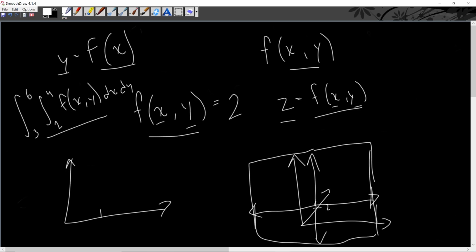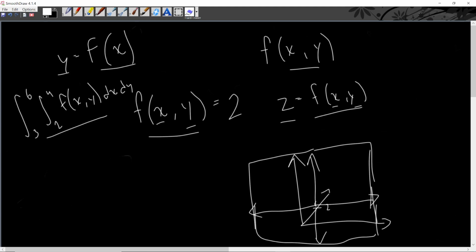We have from 2 to 4 on the x-axis, and then from 3 to 6 here. And we have this being our front. If you were to look at the xy axis head on, you will get this rectangle, right? And if you looked at the area of this base, it's going to be 2 times 3. So we're going to have 6 out here.